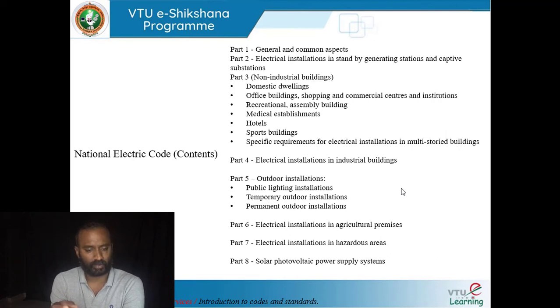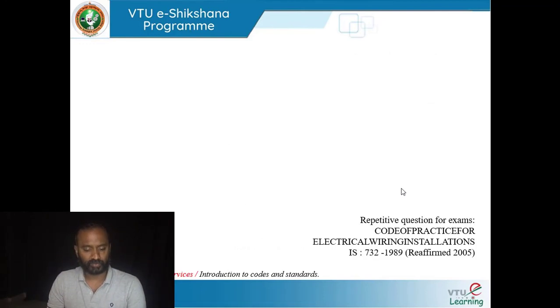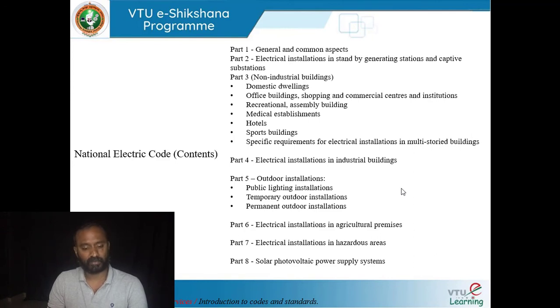It talks about common aspects to electrical installations, to domestic dwellings, substations, from the generating stations to the substations, to the buildings, to various other agricultural premises, electrical installation in hazardous areas, and it concludes with solar photovoltaic power supply systems, which is recently gaining more attention.